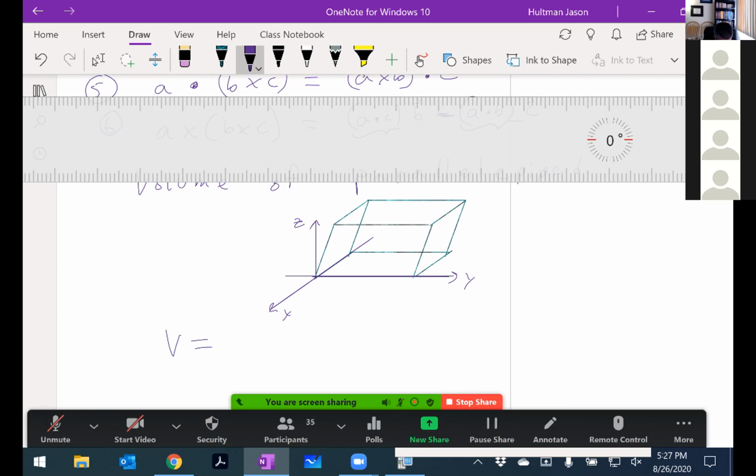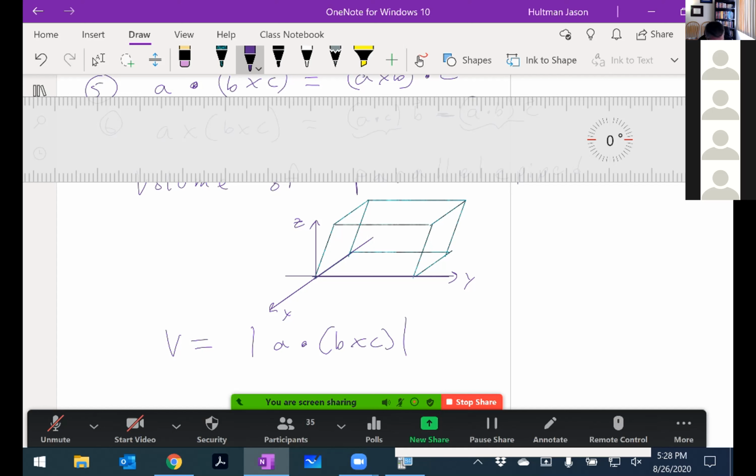My claim is that it's equal to the magnitude of vector A dot B cross C. That's my claim here. Okay, it's A dot B cross C.